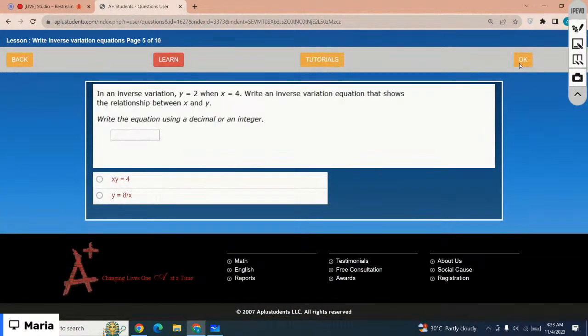Okay, in an inverse variation, y equals 2 when x equals 4. Write an inverse variation equation that shows the relationship between x and y. So, which is the correct option?